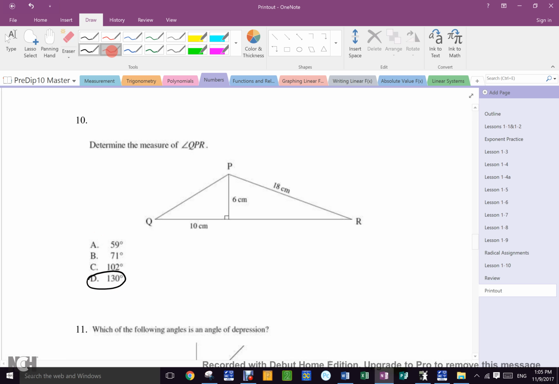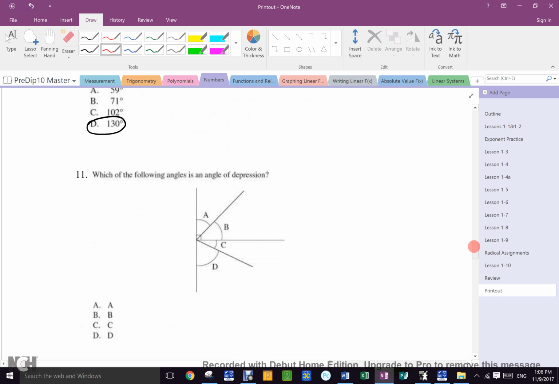D, because it is angle Q to P to R. Angle of depression, C. That one, because angle of depression is always between the neutral and down.